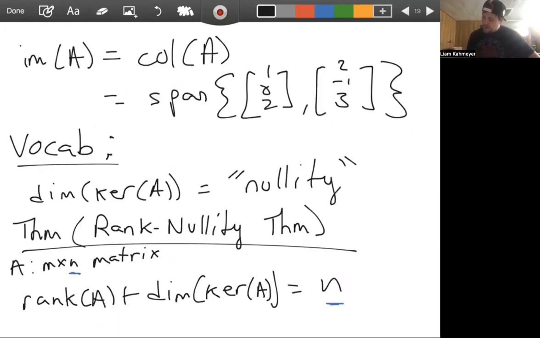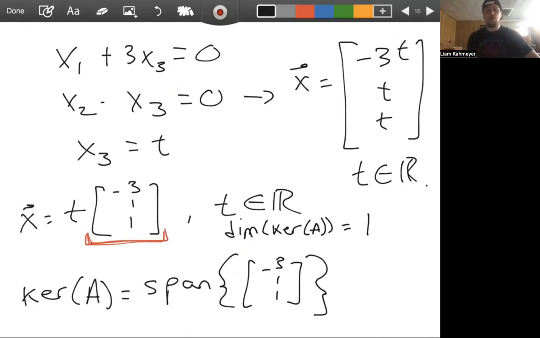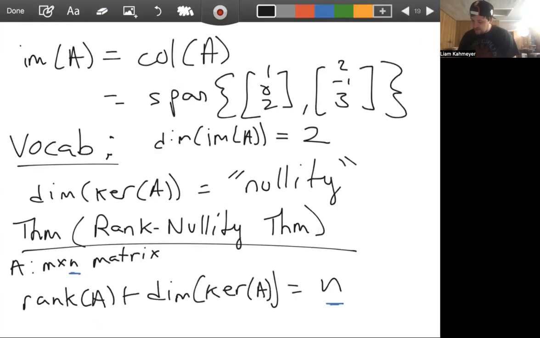What's the rank here? For the dimension of the image of A? Well, it's 2. 2 plus 1 is 3. So you always have that the dimension of the kernel plus the dimension of the image is always N, right? If you would like to see this differently, you can write this because the rank is really just the dimension of the image, right?